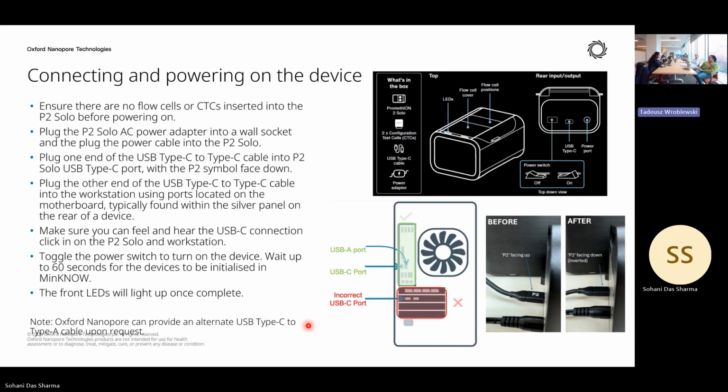But I want to mention this: I have seen in our New York City lab, because Oxford Nanopore has a research and development lab and also an office in New York City, that sometimes this LED light is not working properly. Let's say it's giving a yellow color, but actually the system is up and running.